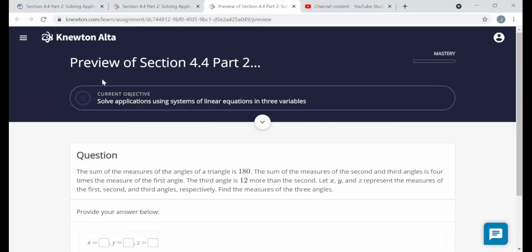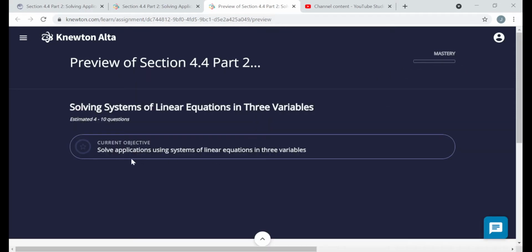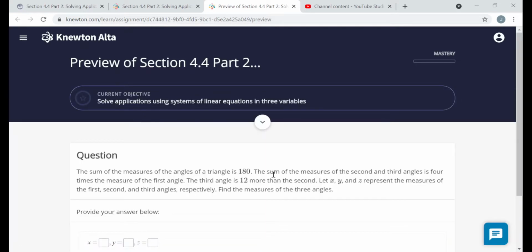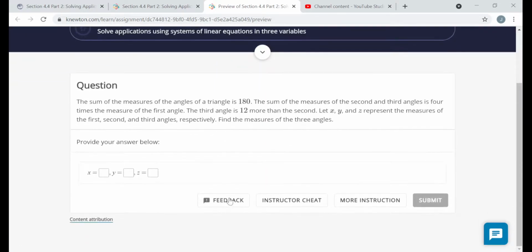So here's the assignment page. You will not see the word preview. This is because I'm a teacher here, an instructor. You'll see the title of the homework, the mastery bar telling you how far along you've gotten, and then the objectives. Now, as I mentioned, there's only the single objective here. Solve applications using systems of linear equations in three variables. Then you have your questions, and there's a feedback button where you can send feedback to Knewton about a question if you want.